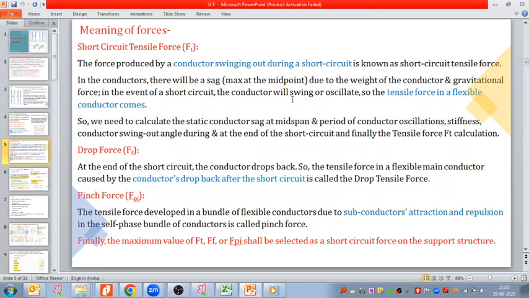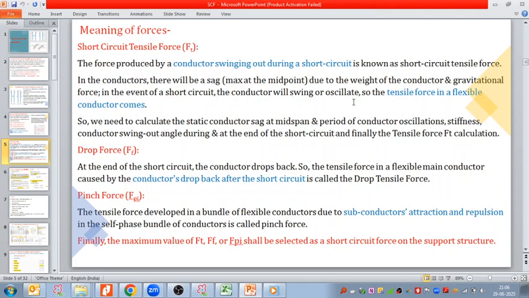Not only swing, they will also oscillate. So the tensile force in a flexible conductor comes from the oscillation. So we have to calculate what my oscillation is.